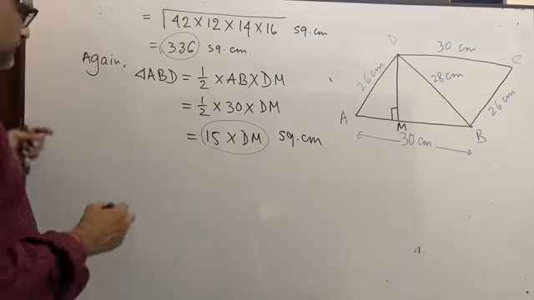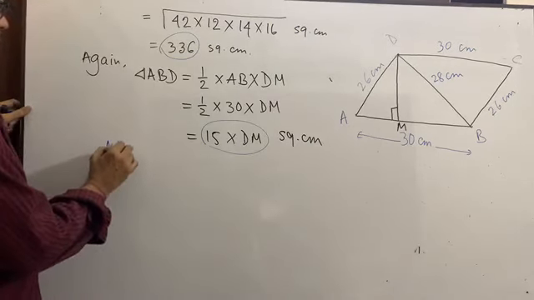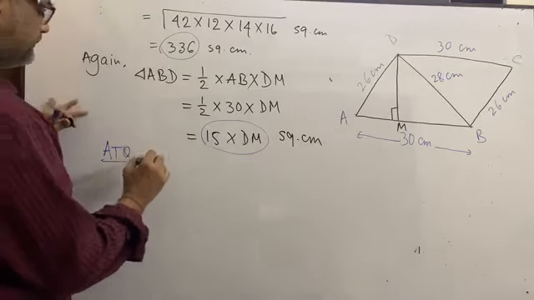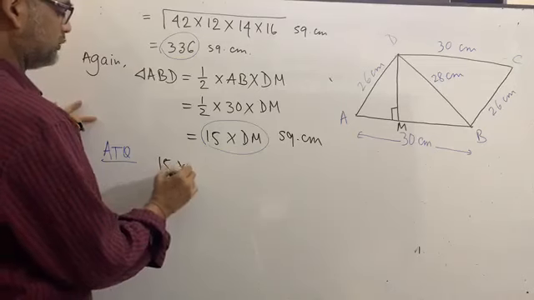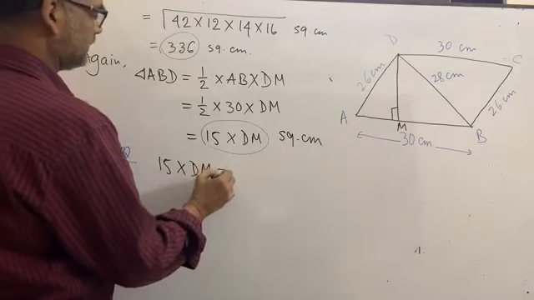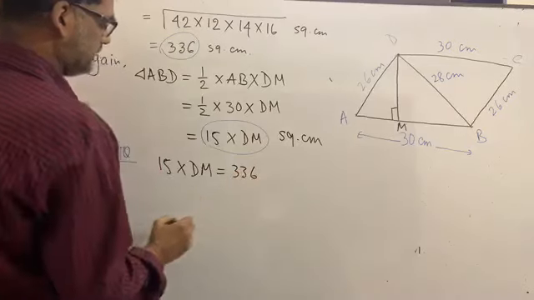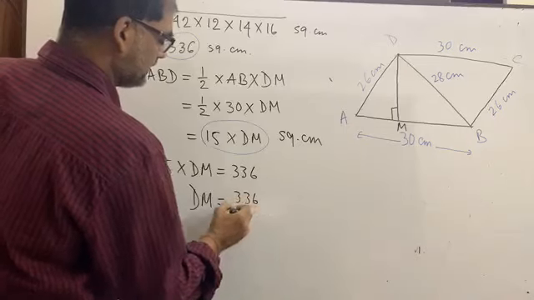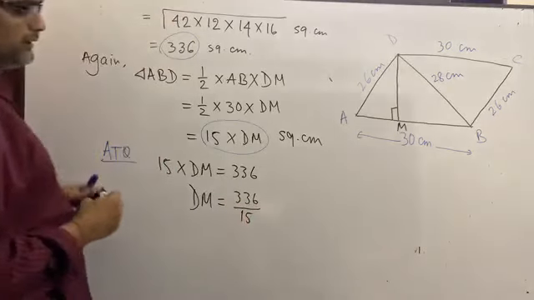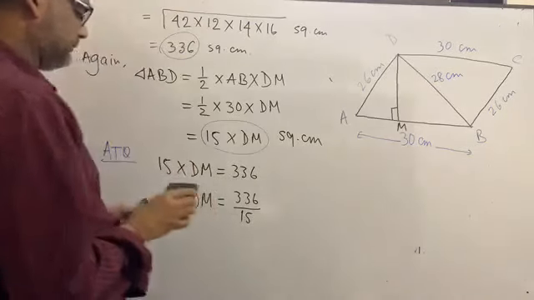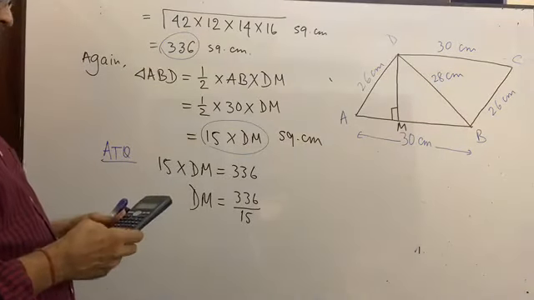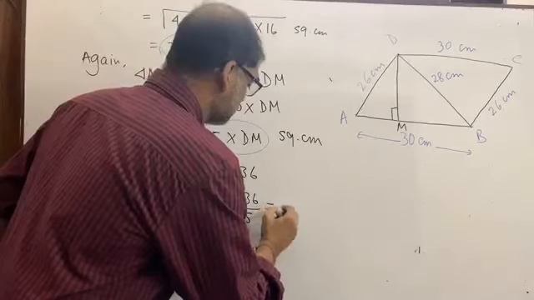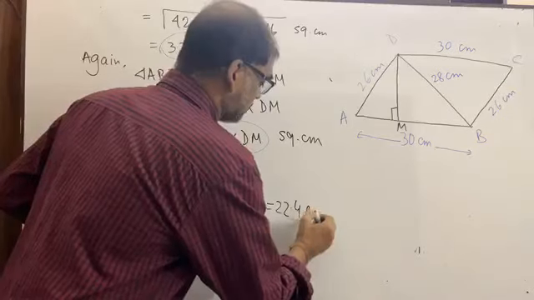So according to the question we can write, this 15 into DM is equal to 336. That is DM is equal to 336 by 15. Now use the calculator. 336 divided by 15, 22.4. That is 22.4 centimeter.